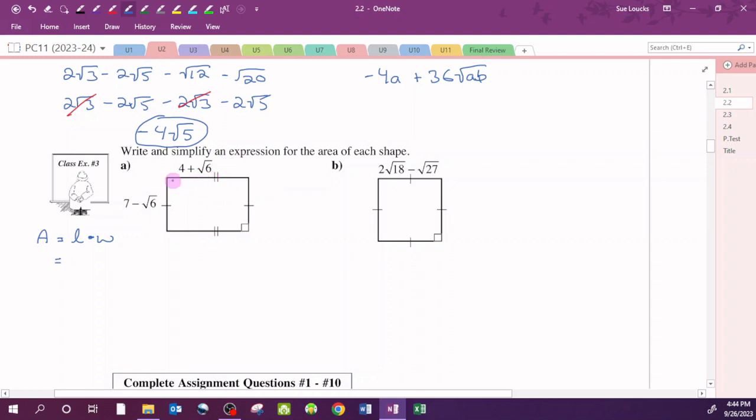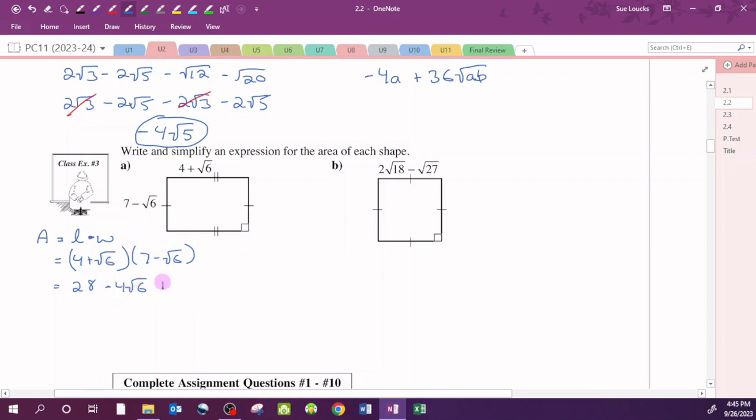Well, I'm going to decide that this one's the length. So that is 4 plus root 6 times the width, which is 7 minus root 6. And now I have to distribute this. So I get 4 times 7 is 28. 4 times minus root 6 is minus 4 root 6.